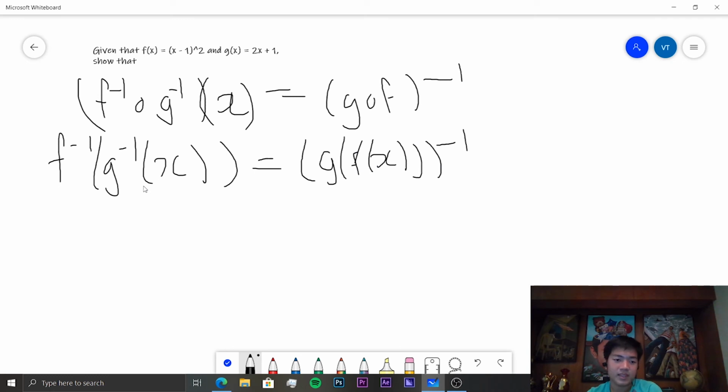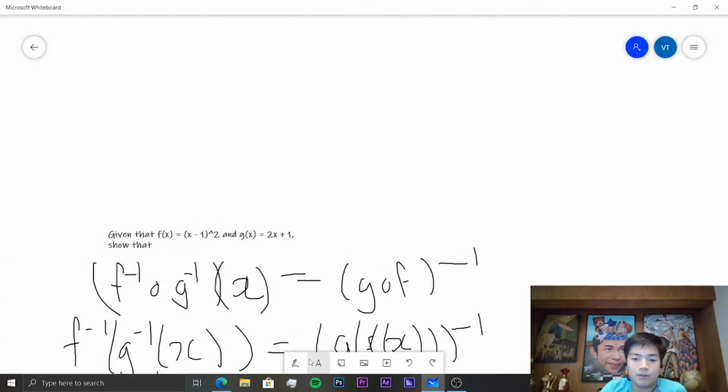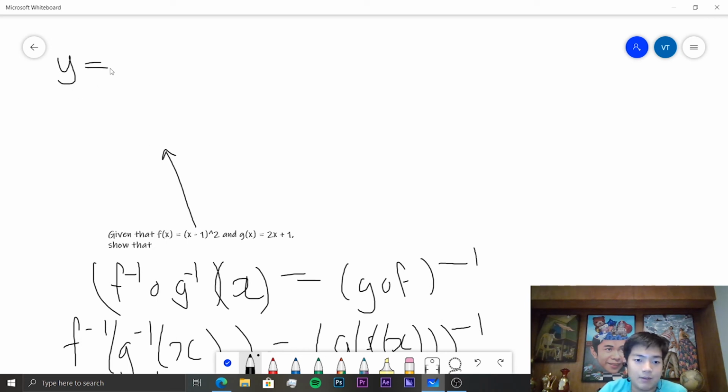Okay. So let's first get what this is. We need to find the inverses of both functions, so let's find them up here. We know the inverse of x minus 1 squared, well, we can say that y is equal to x minus 1 squared. And if we flip x and y, we'll get the inverse. So x is equal to y minus 1 squared.